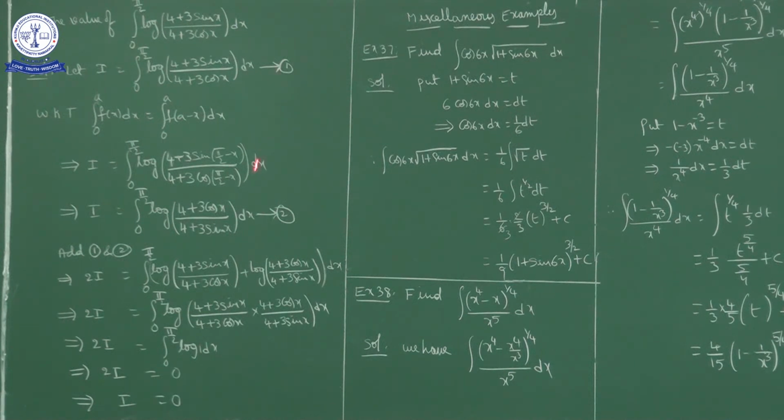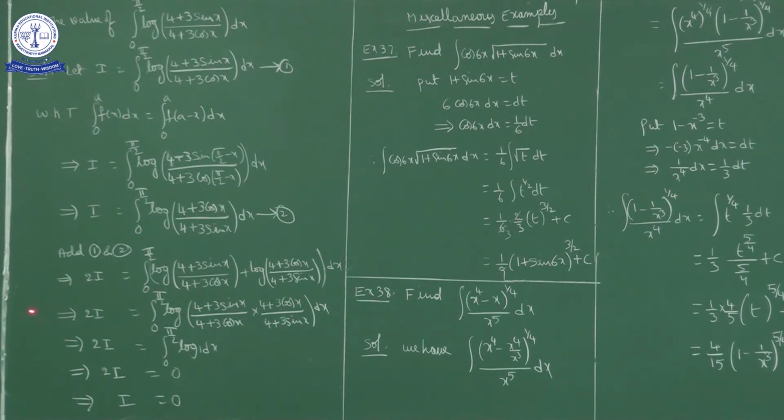Okay, add 1 and 2. So left hand side we have 2I, right hand side integral 0 to pi by 2 log of (4 plus 3 sin x) upon (4 plus 3 cos x) plus log of (4 plus 3 cos x) upon (4 plus 3 sin x) dx. Okay, now we have a property that log a plus log b is log ab.